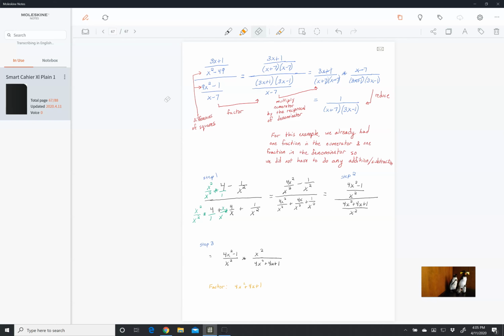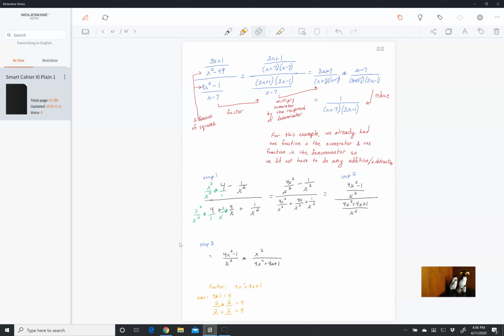Just to review with you, we multiply a times c, which gives us 4. This is our a times our c. Then we need two numbers that multiply to 4 and that add to 4. That's a 2 and a 2.